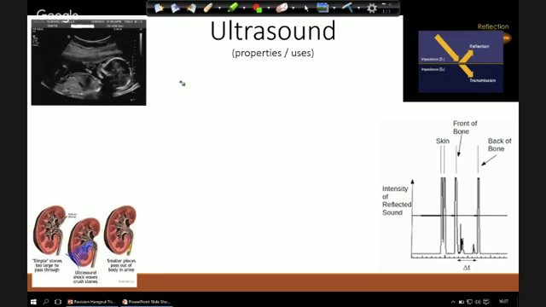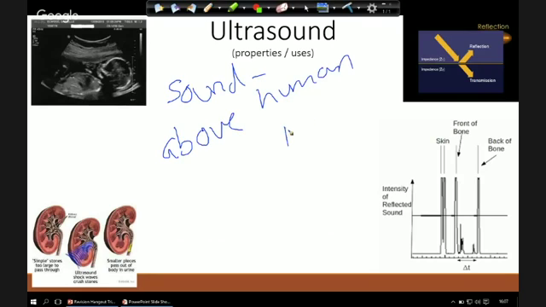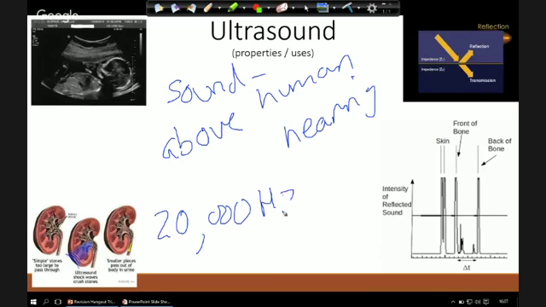So you do need to be able to say that it is a sound, and it is just vibrations of particles, but it is above human hearing. Okay, and you will get marks if you say that as describing it, and you will also get marks for knowing that it is above 20,000 hertz. Okay, so that's what ultrasound is.